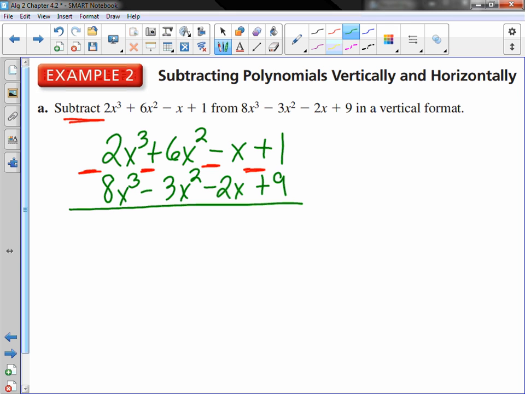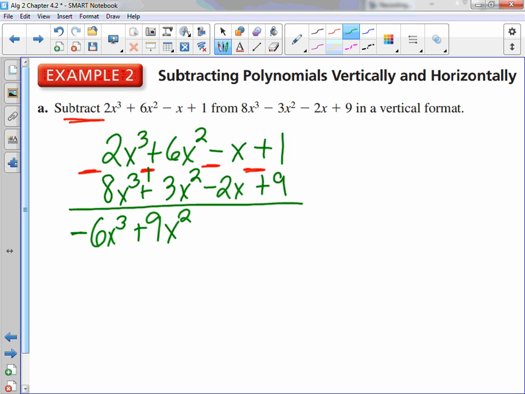Because when I do this here, 2x cubed minus 8x cubed, does it mean 6x cubed? That's not that bad. And when I look at the next one, 6x squared minus negative 3x squared. Well, negative and negative make a positive, which would be 9x squared. Negative x minus negative 2x.